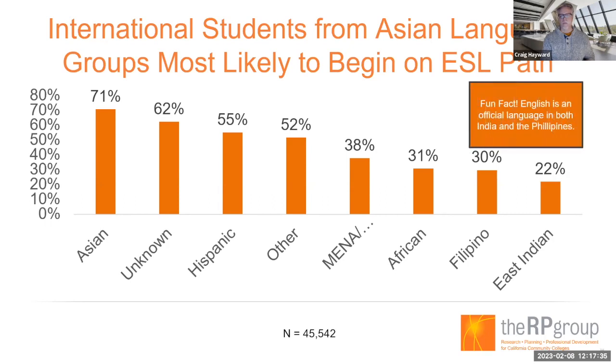Now, in the Philippines and in East India, English is actually one of the official languages of those countries.